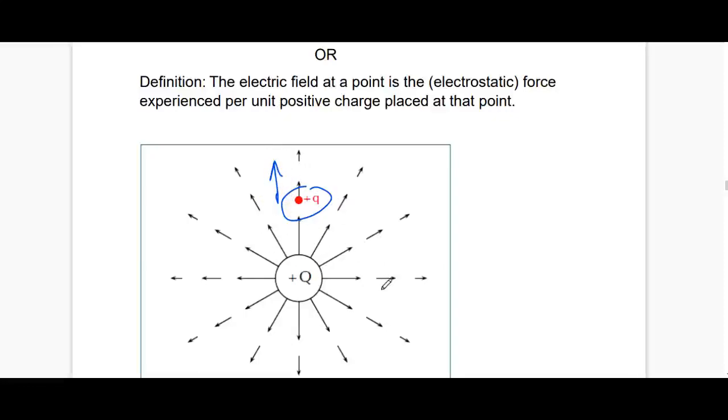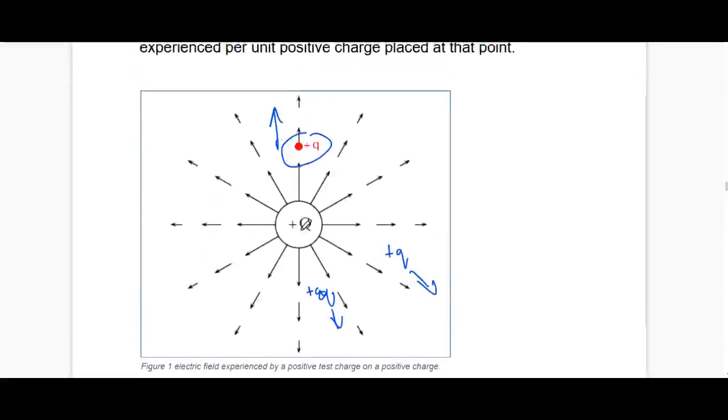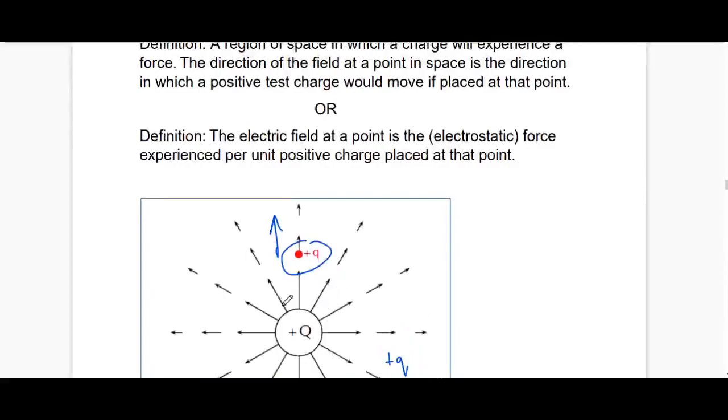If it was placed here, it will be repelled in that direction. And if it was placed here, it will be repelled in that direction. Remember, positive and positive repel each other. So this is the field line of a positive charge. They go outwards.